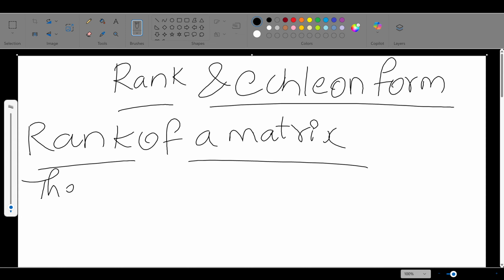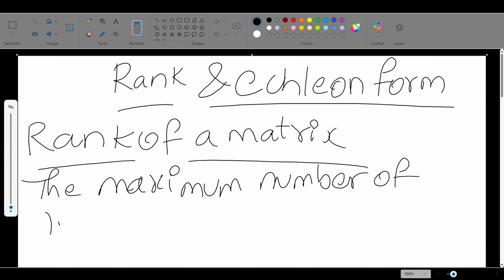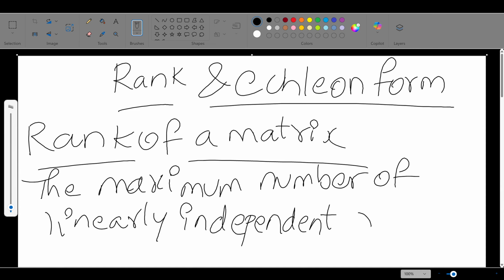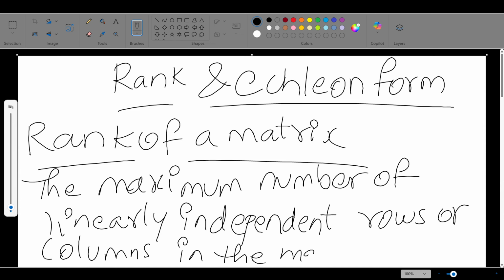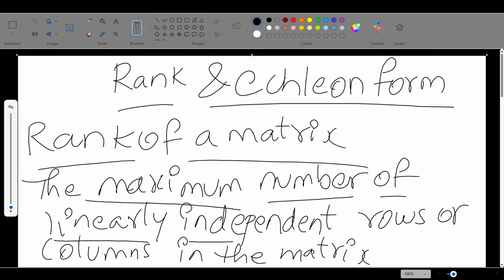Okay, first remember this and I'll clearly explain further. The maximum number of linearly independent rows or columns in the matrix.